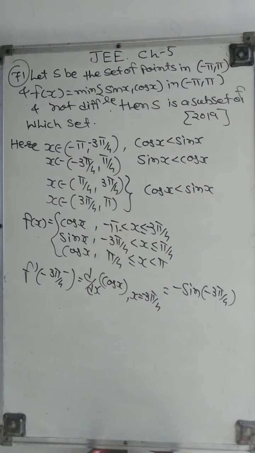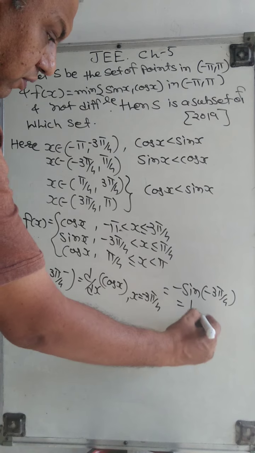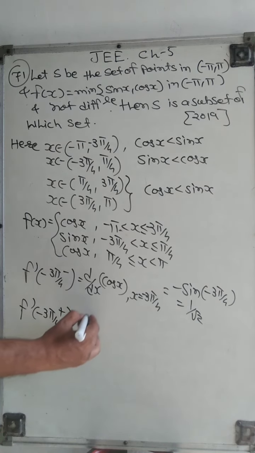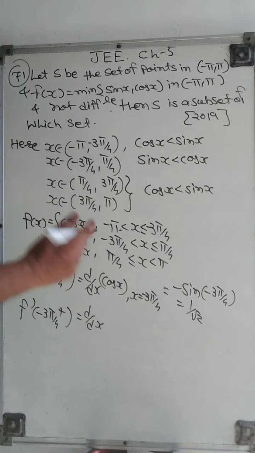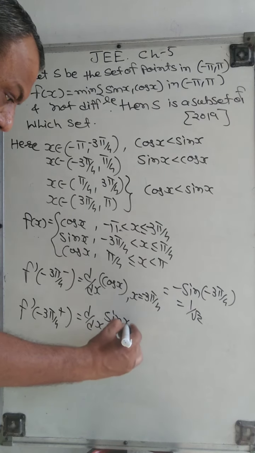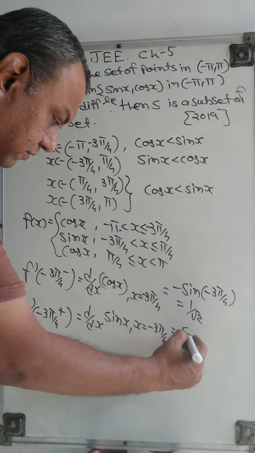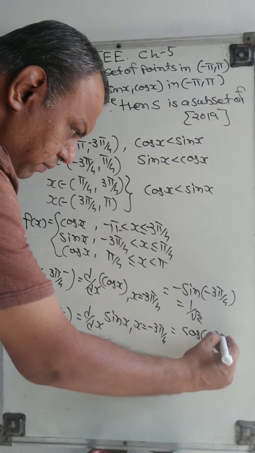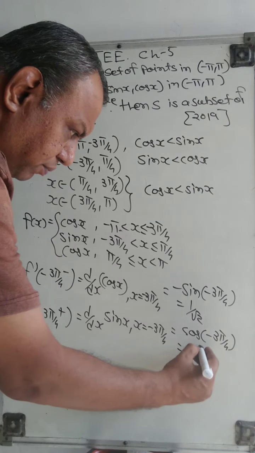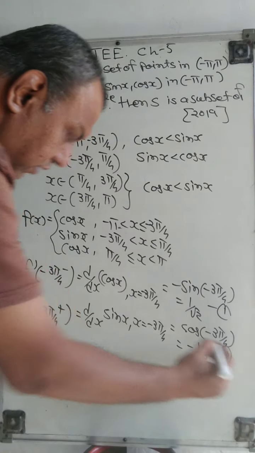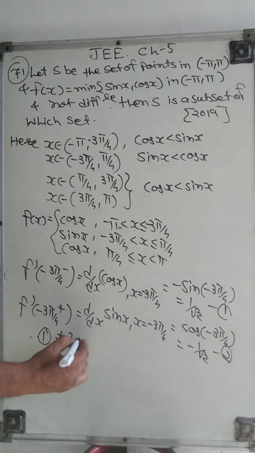Now this minus is taken outside, then this is 1 upon root 2. And same way if we find f dash minus 3 pi by 4 plus, it is d upon dx of sin x at x equal to minus 3 pi by 4, which is cos of minus 3 pi by 4. It is minus 1 upon root 2. Therefore 1 and 2 are not equal.